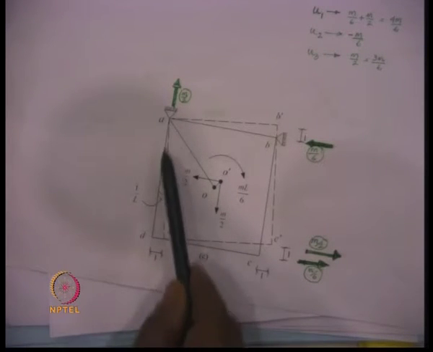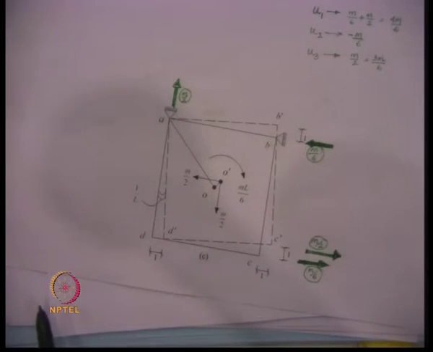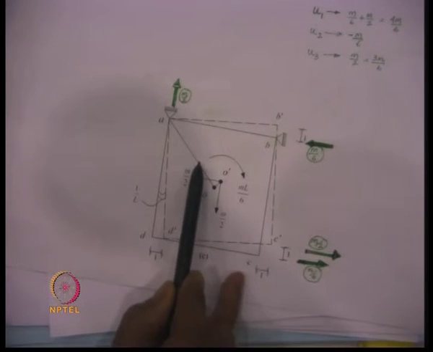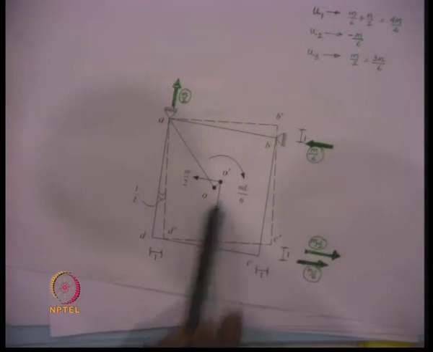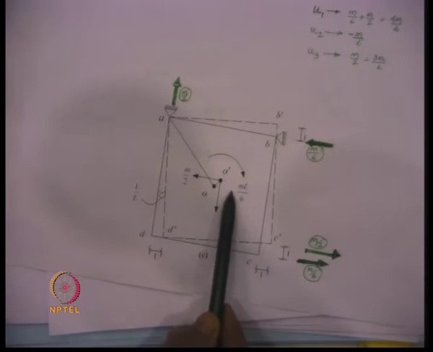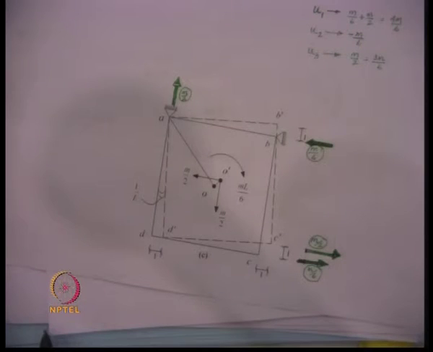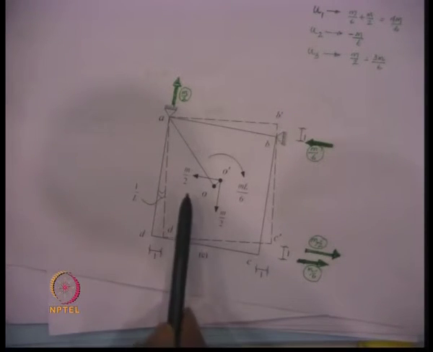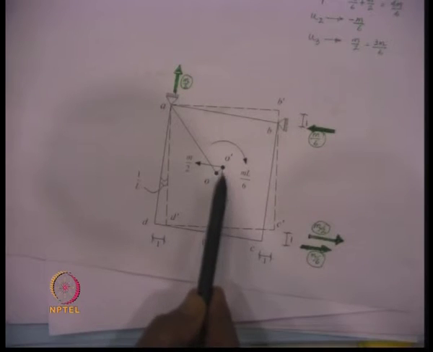Since there is a movement in this direction, there is a mass moment of inertia which is developed over here, which is equal to ml by 6. Now, note that the mass moment of inertia that is developed is in the opposite direction of the rotation.